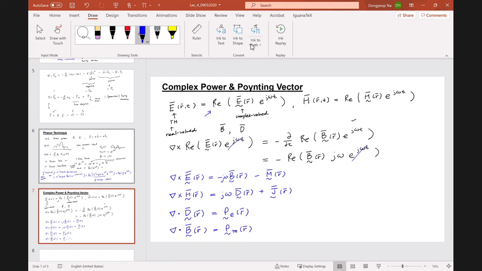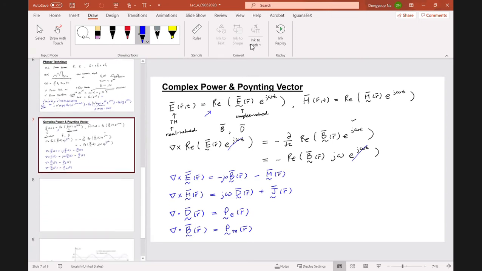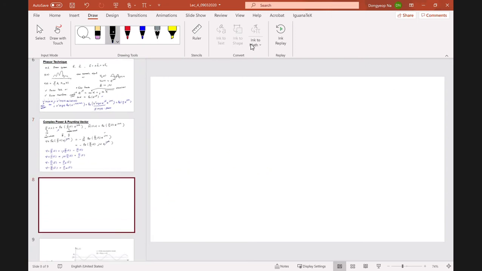Okay. So, any questions so far on this phasor representation? Okay. Then, by using this phasor representation, let's look into the Poynting theorem.